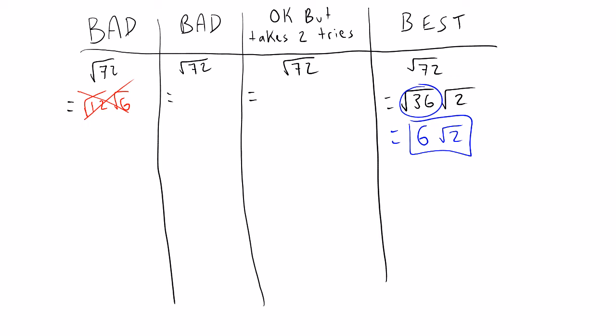So then there are students who are like, okay, all right, Mr. Edwards, what about I'll do a square, 16, 16 times 5. How about that? Well, 16 times 5 is 80.